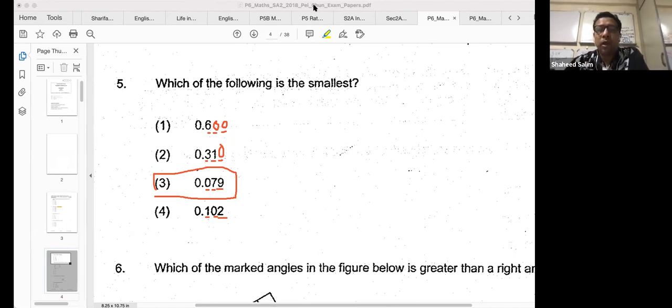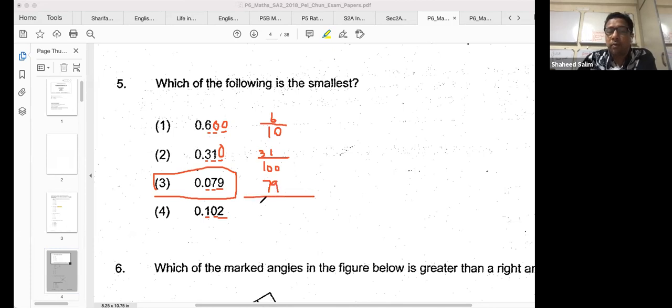Okay, so I hope you get it. You see the working. Just add the 0. Okay, this one is 6/10. Why? Because there's only one place, you can put a 0 here. This one is 31/100. Why over 100? Because there's 2 places here. This one is 79/1000.